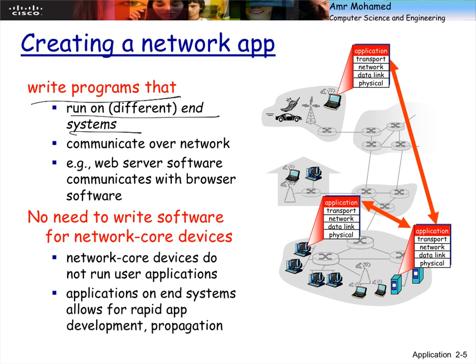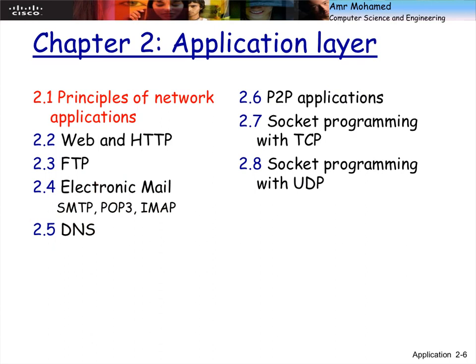These applications include web server software that communicates with a web client, FTP server and FTP client, peer-to-peer applications like eMule or eDonkey. Application developers usually write the code for these. There's no need to write software for network core devices, usually, okay?